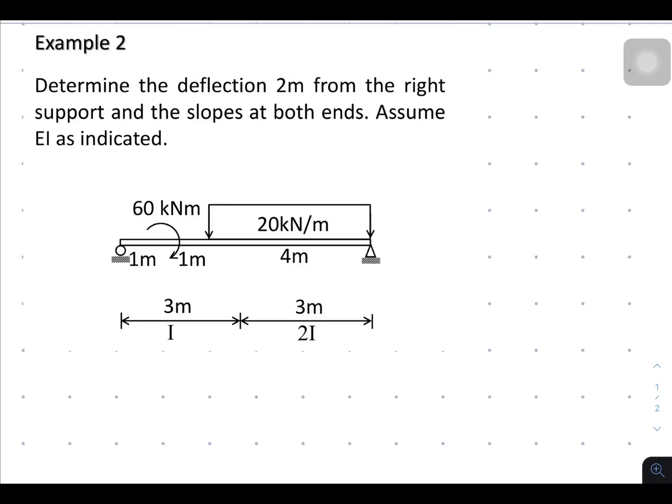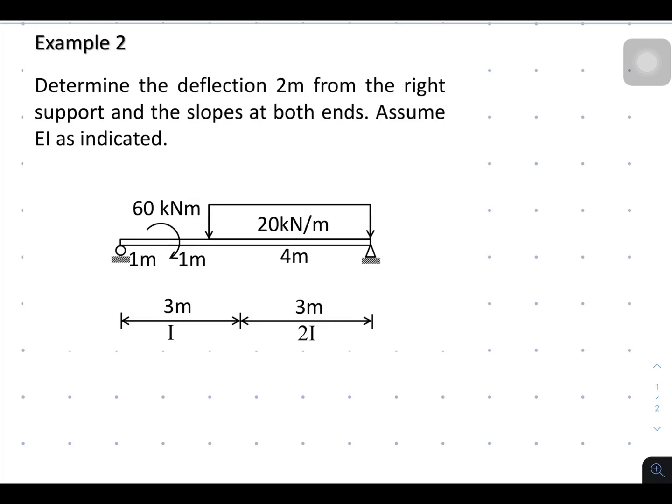Example number 2: determine the deflection 2 meters from the right support and the slopes at both ends. Again, we are going to separate the deflection solution from the slope solutions, and the solution for the left slope should not be in the same solution as the right slope.